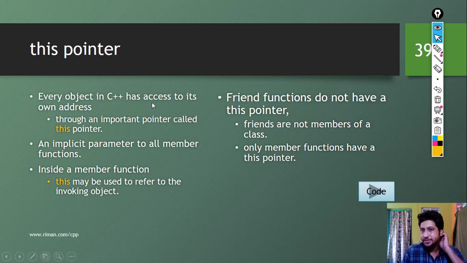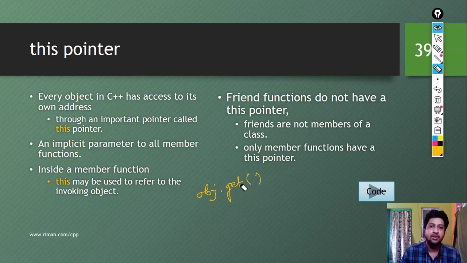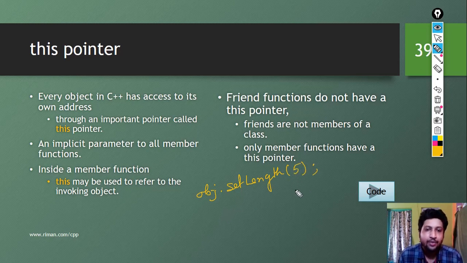Now, this is interesting. Whenever we call, say, object dot get, or any method, say object dot set length 5, what do we write inside the function definition?